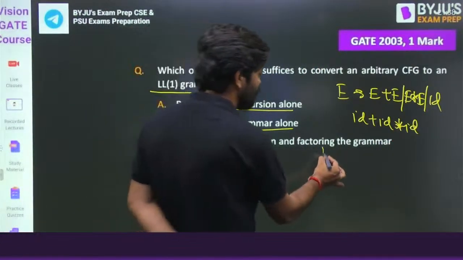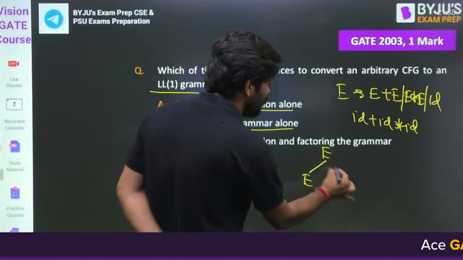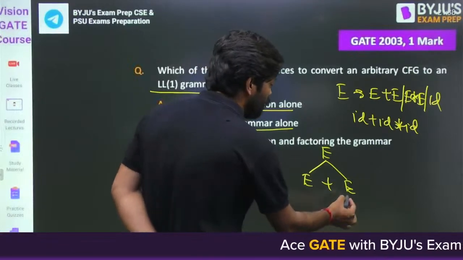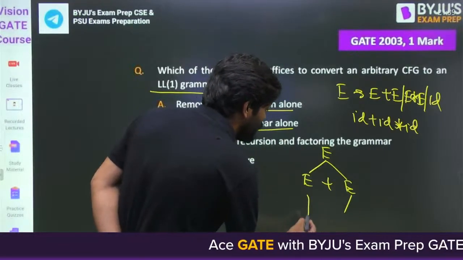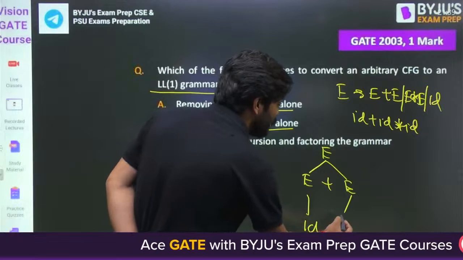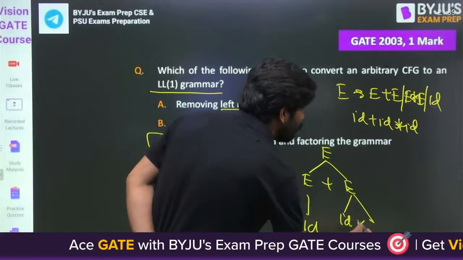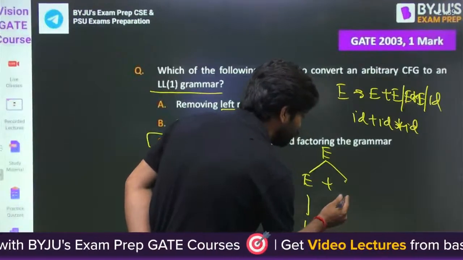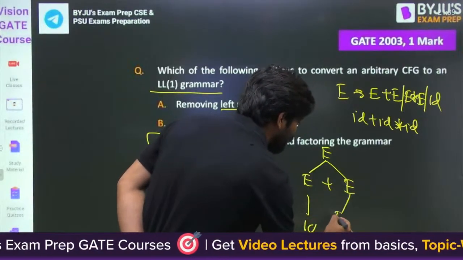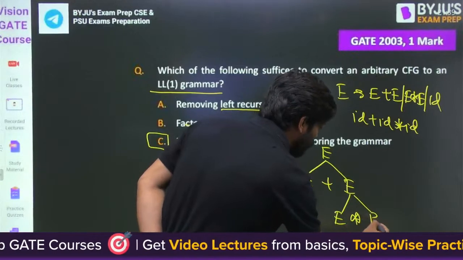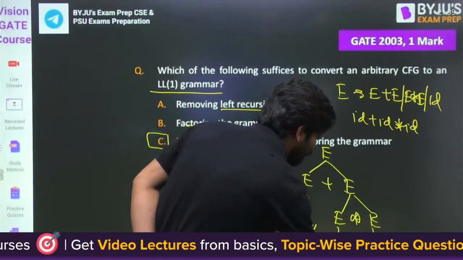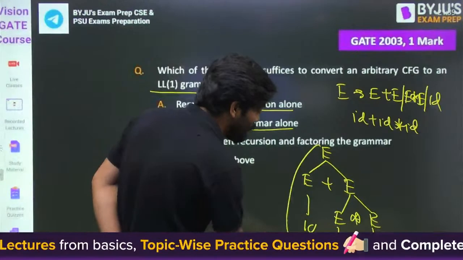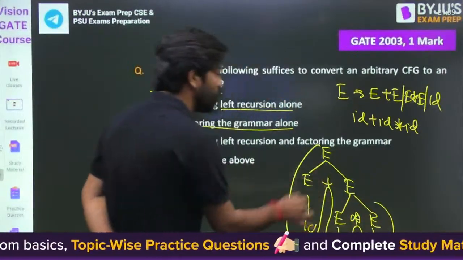Either you can start like this, E goes to E plus E, and then E goes to ID, and for ID star ID, E goes to E star E, and then ID and ID. I think it is visible for everyone. So what we get is ID plus ID star ID. This is one of the parse trees.